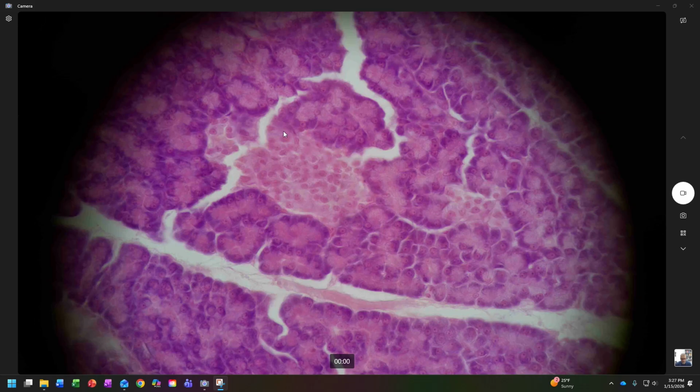So these are the pancreatic islets. Again, notice there is definitely a contrast difference here. So these acinar tissues or cells are darker, or the acinar tissue is darker. This is lighter.